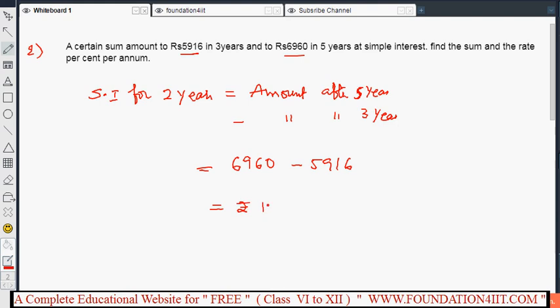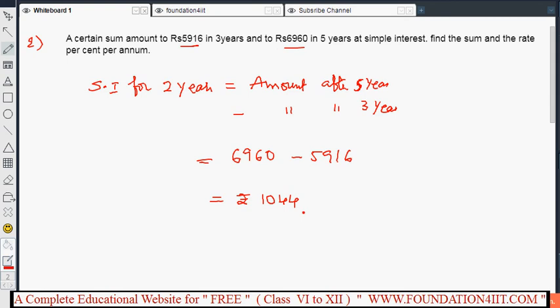Okay, that is 1044. So this is interest for 2 years. Now interest for 1 year means half of that. Simple interest for 1 year. Actually we have the amount of 3 years, so simple interest for 3 years is, 1044 is simple interest for 2 years.